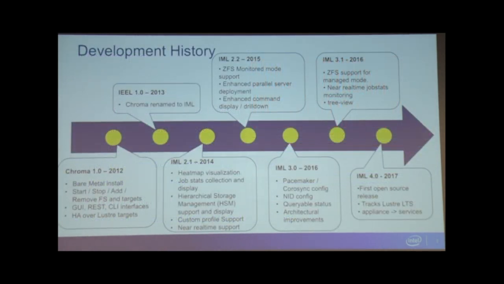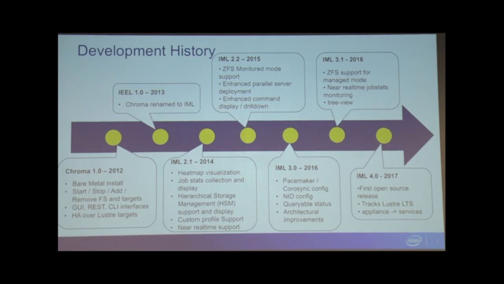So that's some quick background about IML. Moving on a little bit, we could talk about IML's development history, and IML actually has a pretty long development history. It started life as a project called Chroma, which had its 1.0 release in 2012. Chroma was developed by a company called Whamcloud.